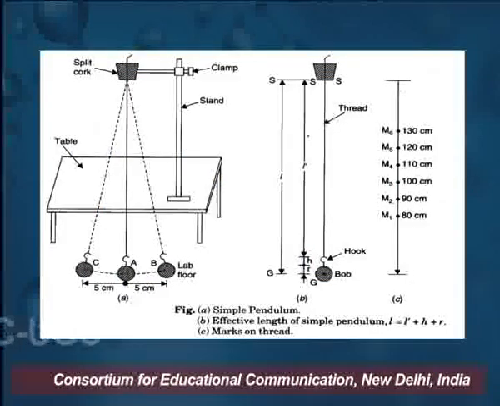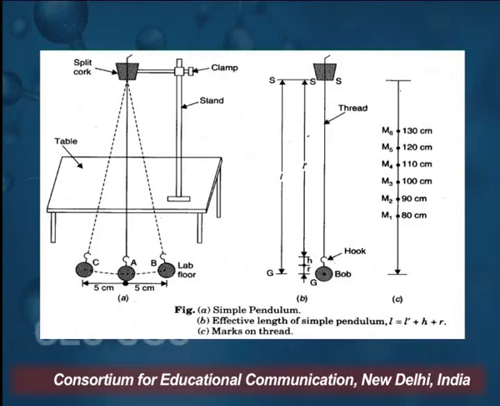Now you see in this diagram a stand, a schematic diagram of how we perform the experiment in the laboratory and how we place the pendulum. First you see the stand with a cork, and the pendulum is attached with this hanger.